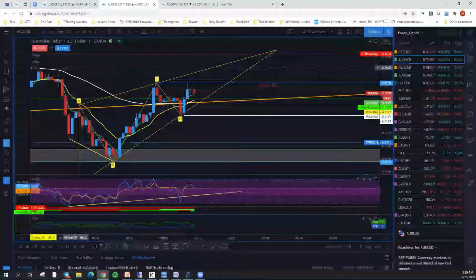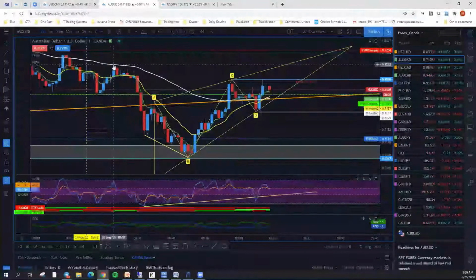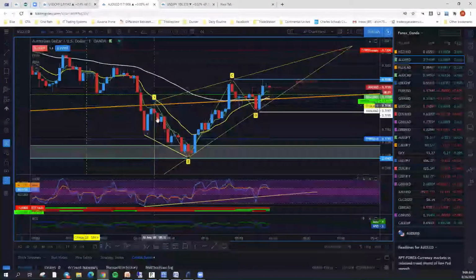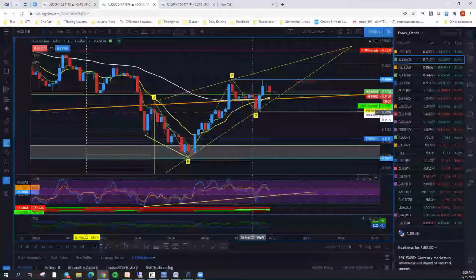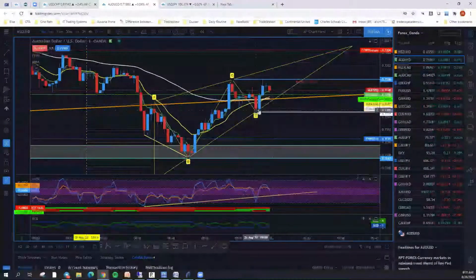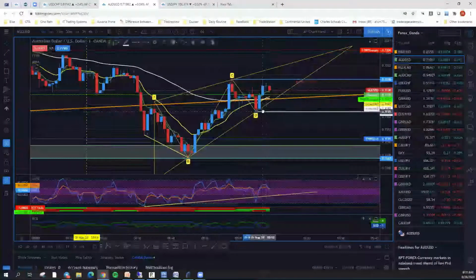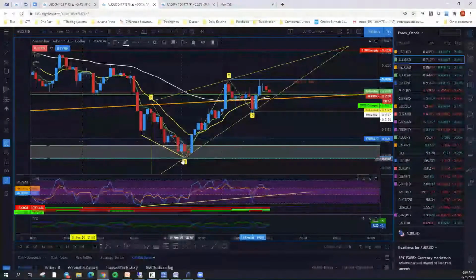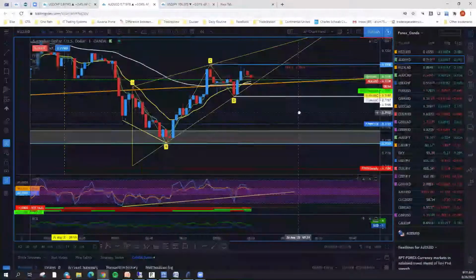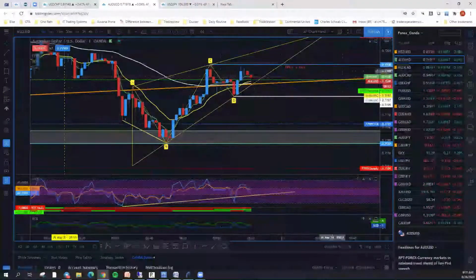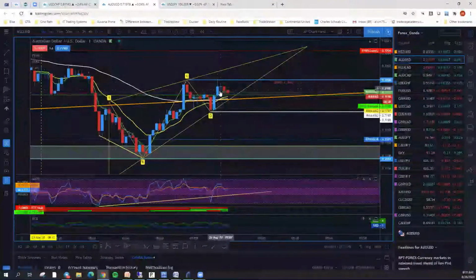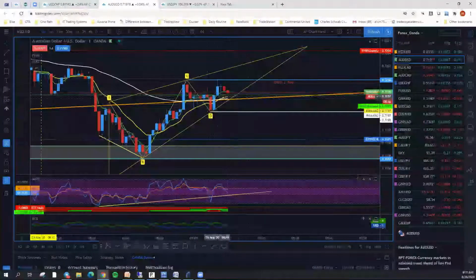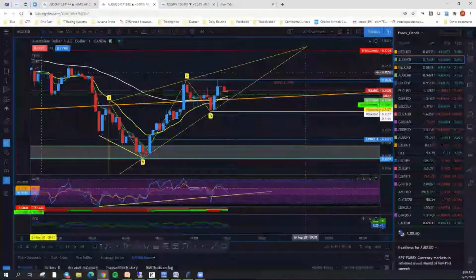But see, if you're looking at this, we say here's a high, here's a low, here's a lower high, lower low, and now we have a higher high, higher low. Now, if it breaks this area right here, it may start to come down and retest this area. Right now, it's in an area of indecision. But we did get a pass and check on this fib line right here at the 71.97 area.